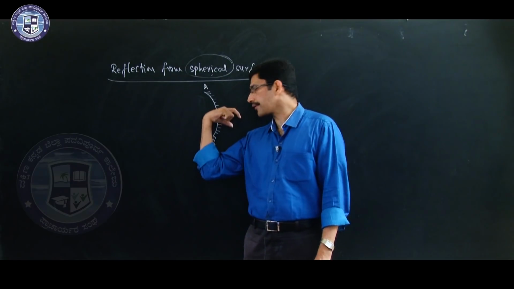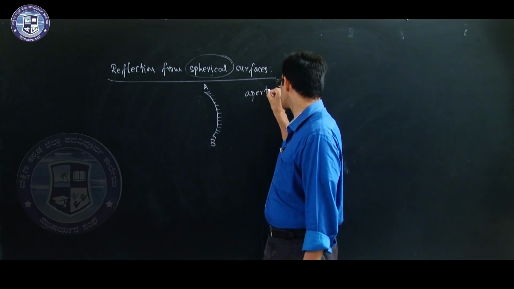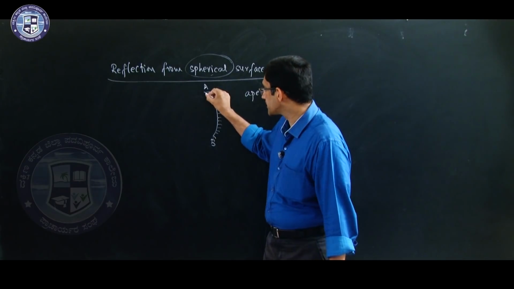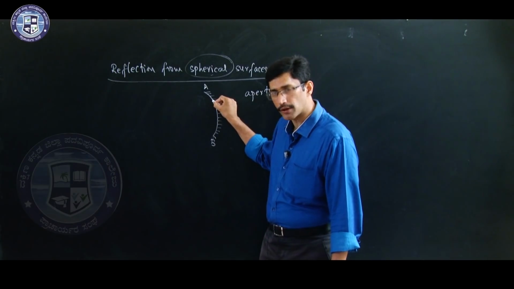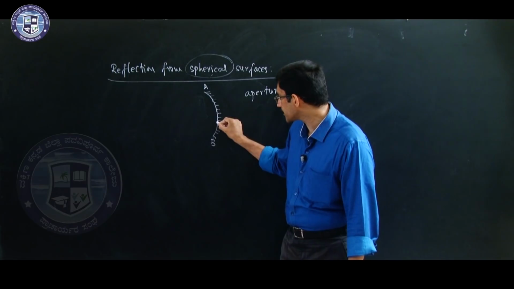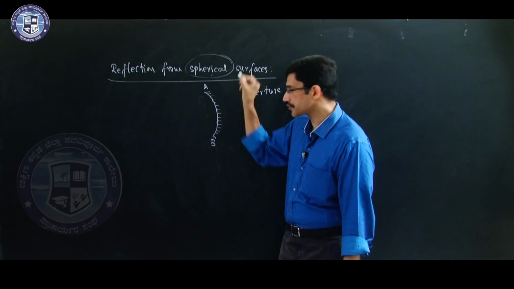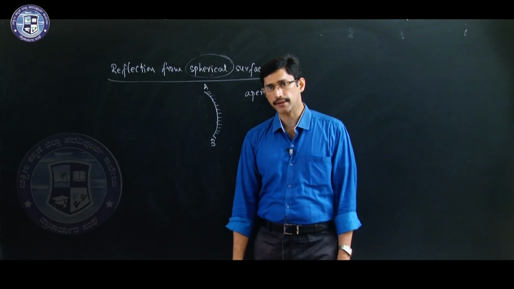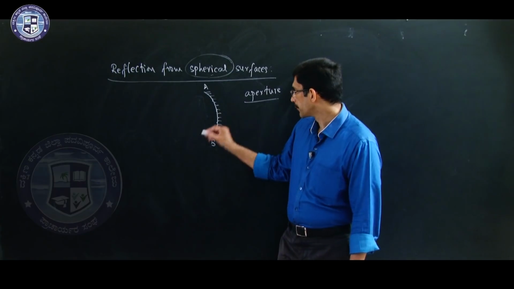If the light is incident here, the reflection takes place. At all these points, if the light is incident, there is reflection. Therefore, that is called the aperture.